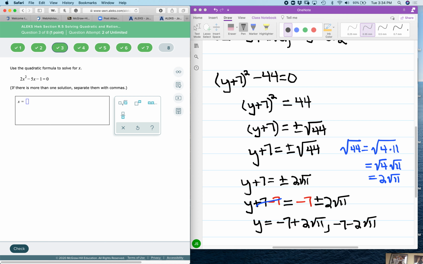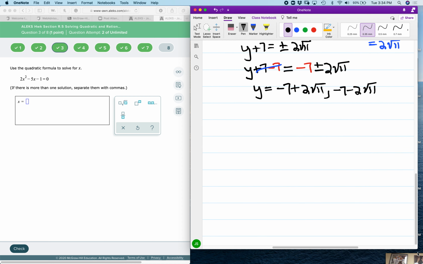As a third case, now we're crossing over to using the quadratic formula. So here we have 2x squared minus 5x minus 1 is equal to 0. For the a, b, c values, a is equal to 2, b is equal to -5, and c is equal to -1.